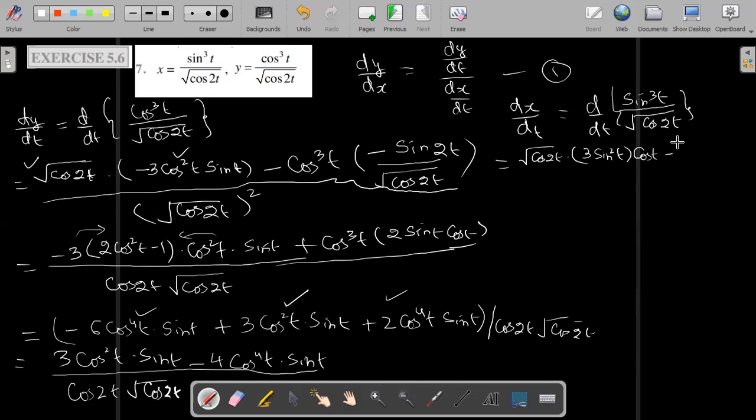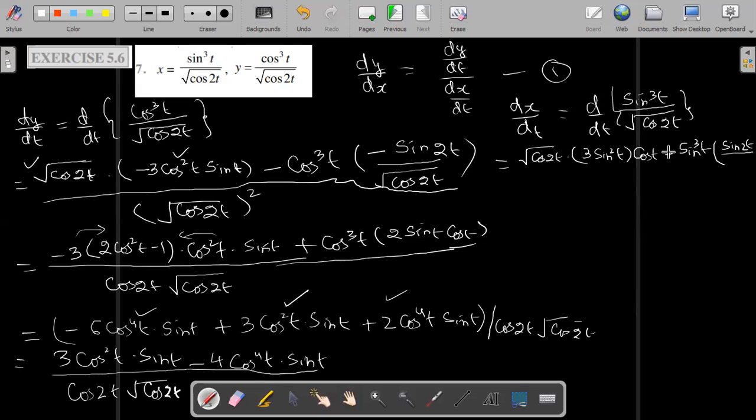Minus. Now sin cube t as it is, times the differential of the root. I will write directly, this will become sin 2t over root cos 2t.